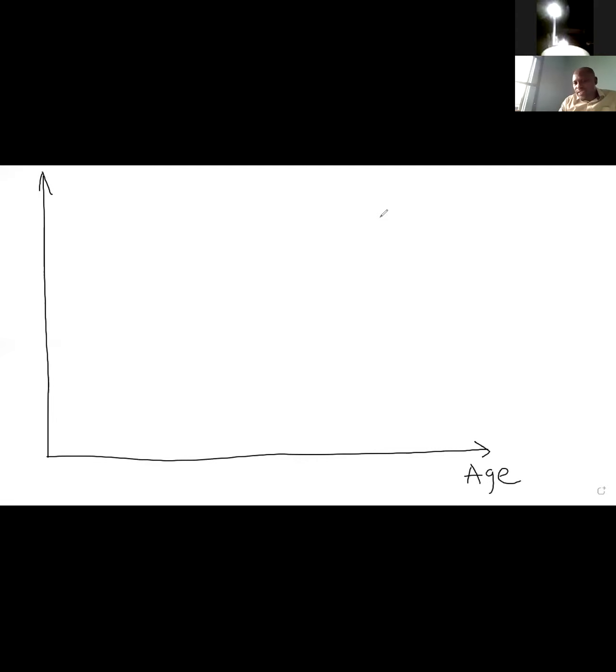Now the age starts from 12, so you can put 12, 13, 14, 15, and remember you are using a graph paper. So you are not estimating positions like mine.